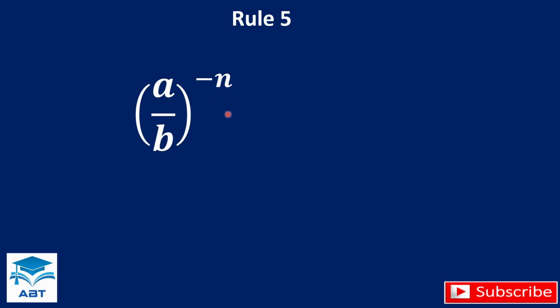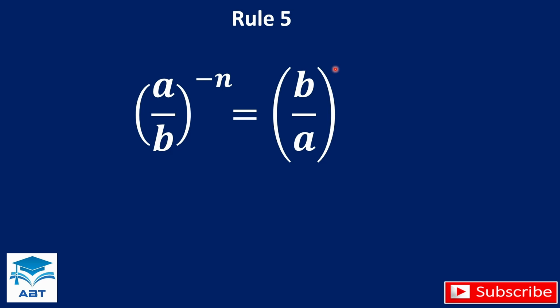Then the first thing to do is to find the reciprocal of a and b, that is b over a, and the exponent becomes positive. And this becomes the power of a quotient rule. So the exponent will affect b and also affect a. We have b exponent n divided by a exponent n.